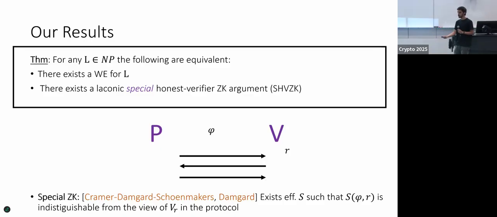So we can choose from outside the randomness that the verifier sees in the interaction. This is of course stronger than zero knowledge, but most of the zero knowledge protocols we have are actually special zero knowledge, though you can come up with examples which are not. So these are our results.